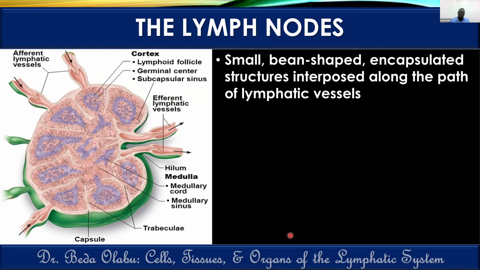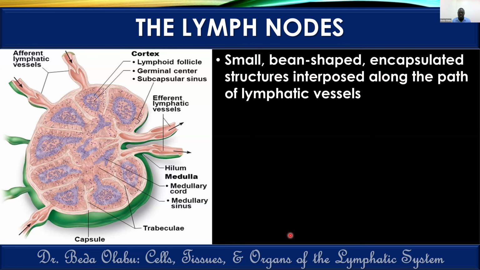Lymph nodes are small bean-shaped encapsulated structures that are interposed along the path of lymphatic vessels. You've noticed that we've not talked about lymphatic vessels for the diffuse lymphatic tissue and the lymphatic nodules because they don't intercept vessels.